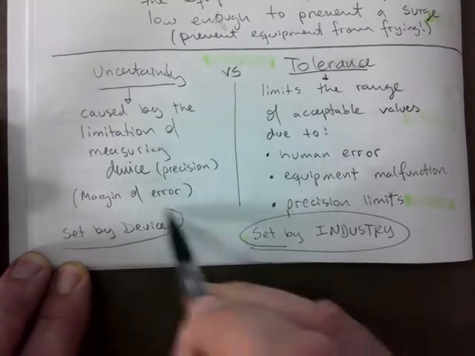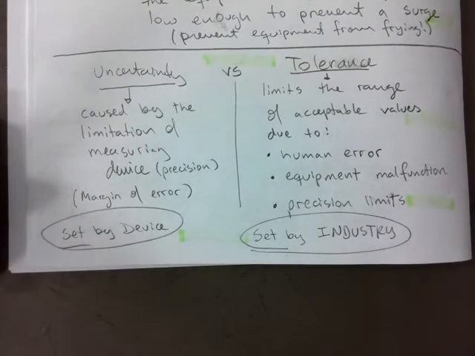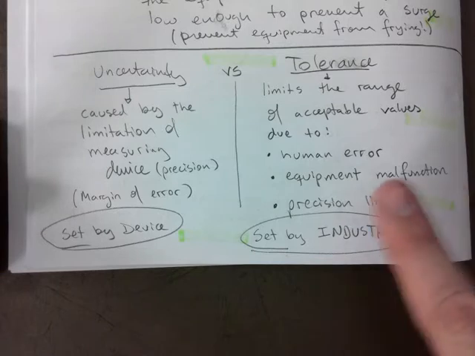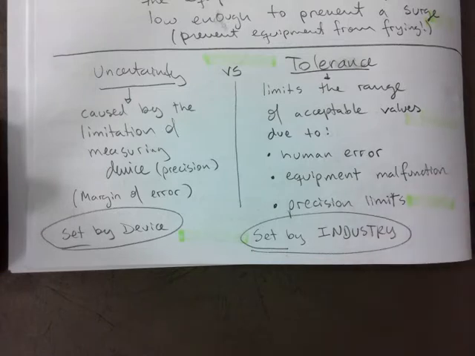Just something catchy, right? Uncertainty is set by the device. Tolerance is set by the industry that you're working in. And it is also partly due to the device, but not just by that. Okay? It has to do with money too. If you throw out too much, you're going to lose money. So you're going to allow for some variance there.